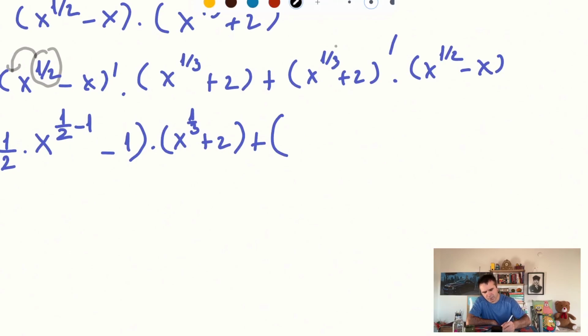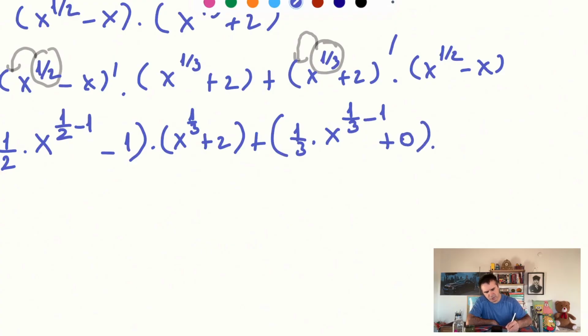We first take the exponent here as multiplication: 1 over 3 times x to the power of 1 over 3 minus 1, and the derivative of 2 is 0, times x to the 1 over 2 minus x.